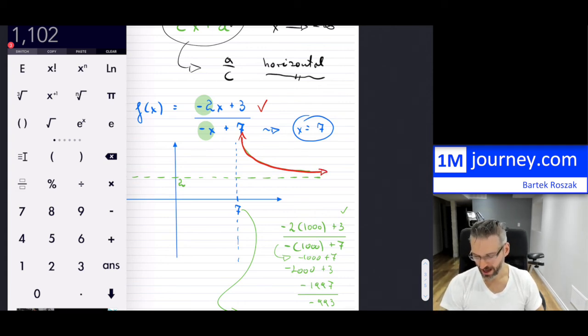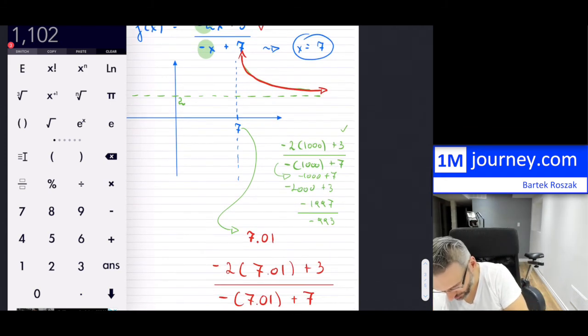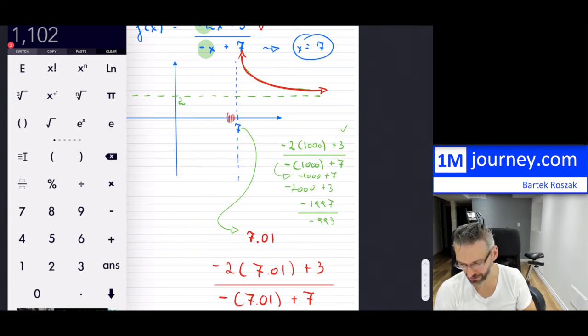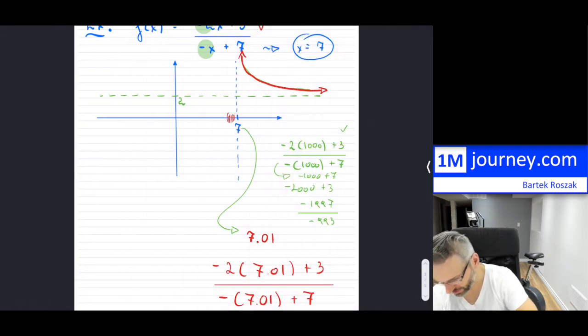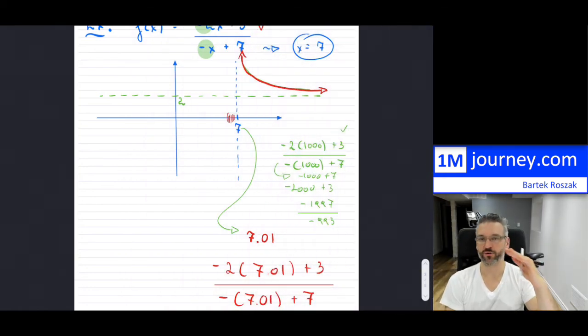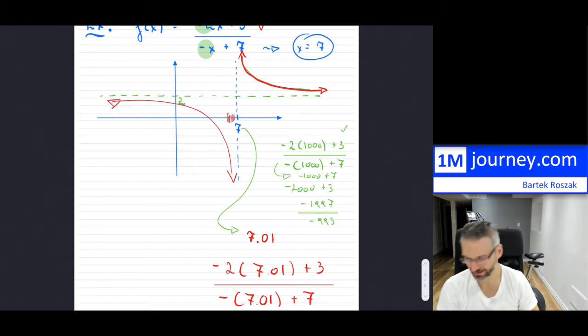Now on the opposite side, just on this side right here, what's going to happen as you go further and further to the negative side, making those numbers bigger? My guess, through my experience, is that this is going to look something like that.